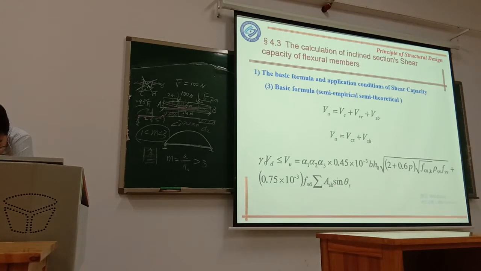So alpha 3 is the coefficient of the compressed flange. When the cross section has a compressed flange, alpha 3 equals 1.1. So that means if the flange is in compression, alpha 3 is 1.1.